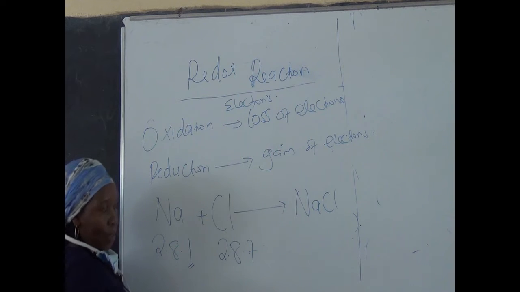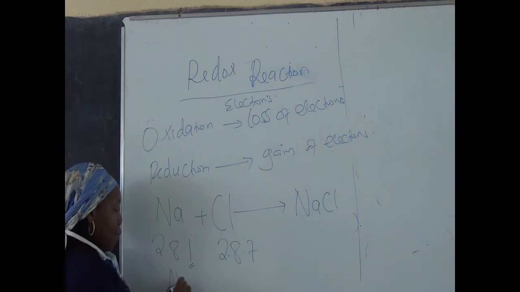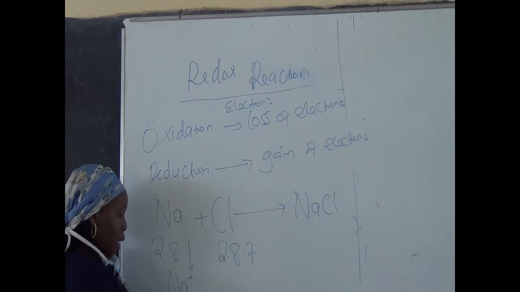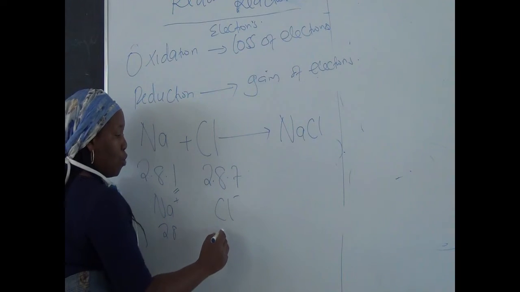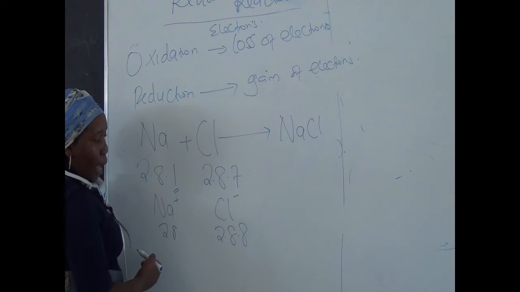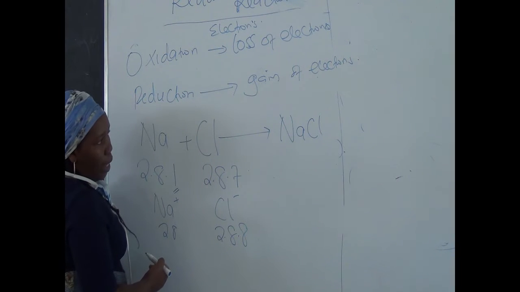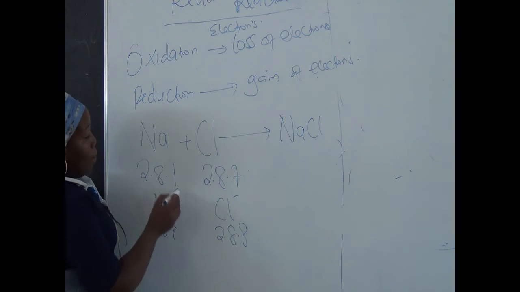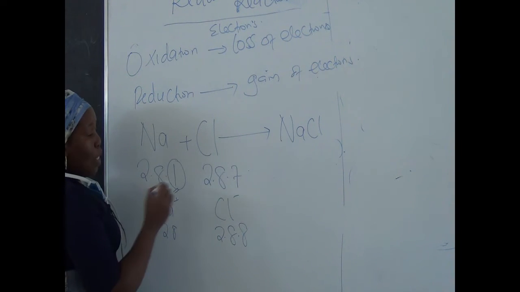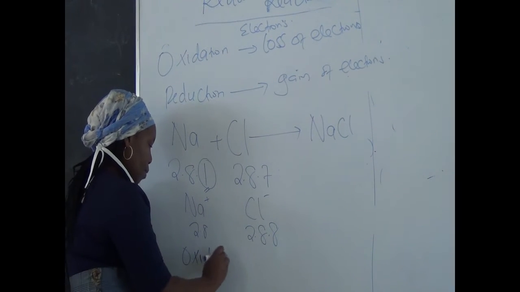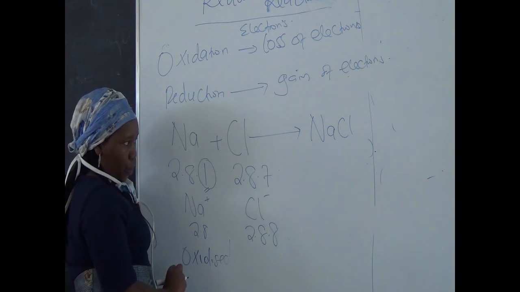When that happens, sodium becomes a sodium ion with a configuration of 2,8, and chlorine becomes a chloride ion with a configuration of 2,8,8. When sodium loses this one electron, we say that it has been oxidized, or it has undergone oxidation.